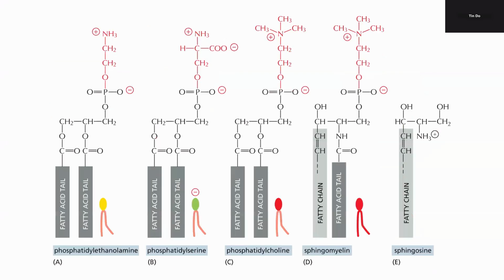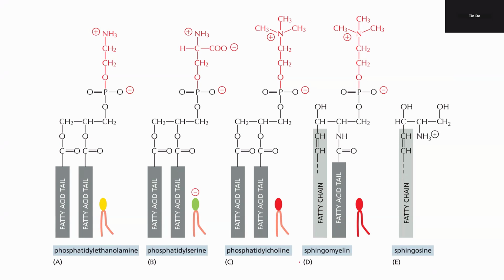Okay. Now, there are different types of classifications that we have for our phospholipids. There are going to be four major phospholipids found in the plasma membrane. It's not just a phosphate group, but it is going to be phosphatidylethanolamine, phosphatidylserine, phosphatidylcholine, and then sphingomyelin and sphingosine.